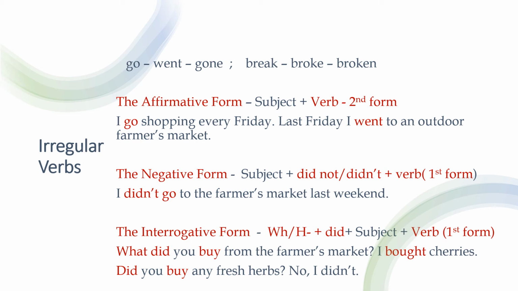What did you buy from the farmer's market? I bought cherries. This is the past tense simple of irregular verbs. We used the second form from the list for all persons, and we used didn't plus the first form.